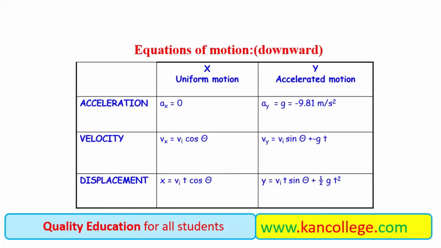But in the downward motion, you see that acceleration along the x-axis will remain the same, that is 0, because there is no change in velocity along the x-axis during the movement of the projectile. And this is because no force is acting along the x-axis.